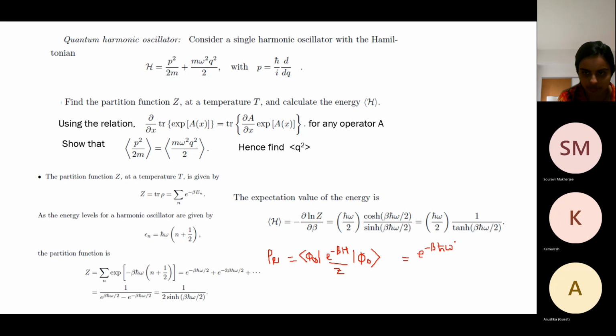This is your first eigenvalue, which comes when you operate this operator on phi 0, and then you know the expression for Z which you can substitute. And then you have the inner product of phi 0 with phi 0, which is 1. So this is your first diagonal element. Similarly, you will have all the other diagonal elements, and all non-diagonal elements will be 0. So that will be your density matrix representation. Is that clear? Yes, ma'am.